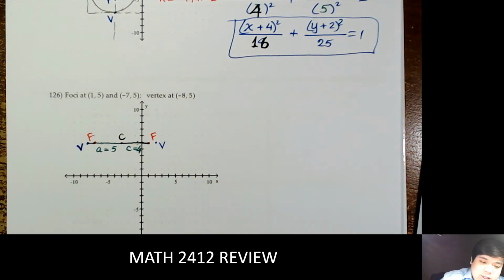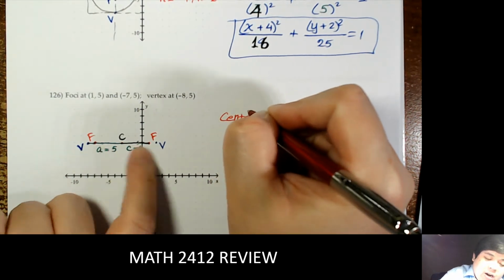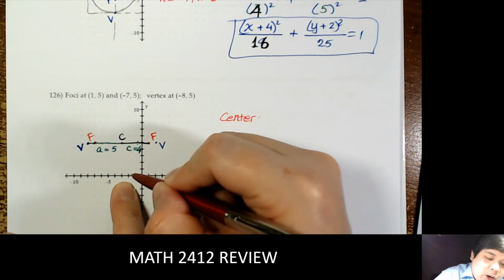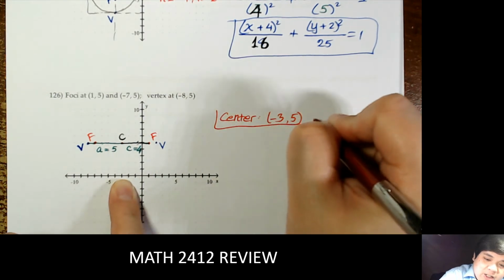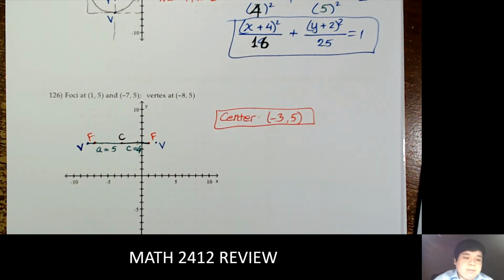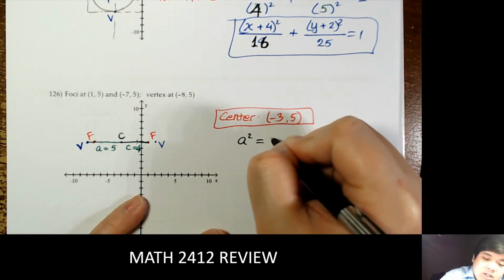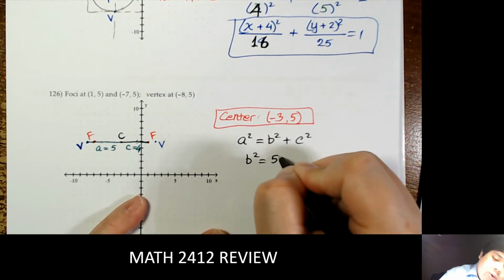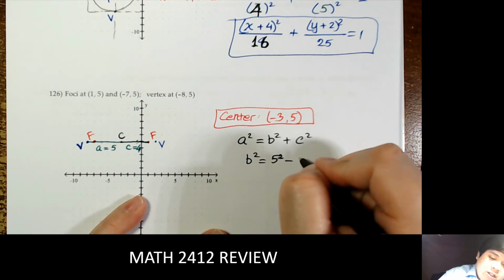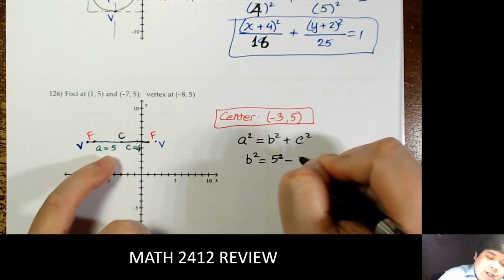Right, so now what we have is the center. In the middle of the 2 foci will be 1, 2, 3 to the left, -3, and 5 up. So the center is at -3 and 5. Next, if we want to draw it, we have a and c, we need b. So a squared is the biggest by itself. So we solve for b squared: 5 squared minus c squared, a squared minus c squared.